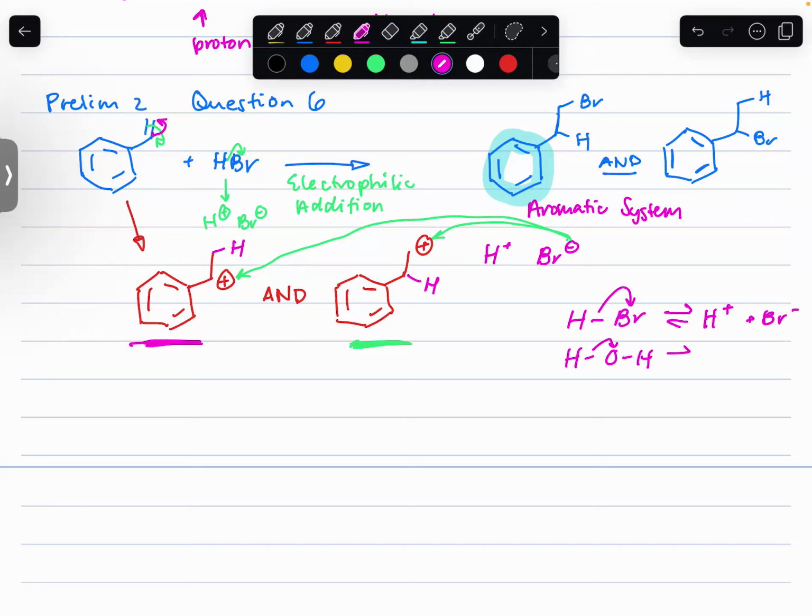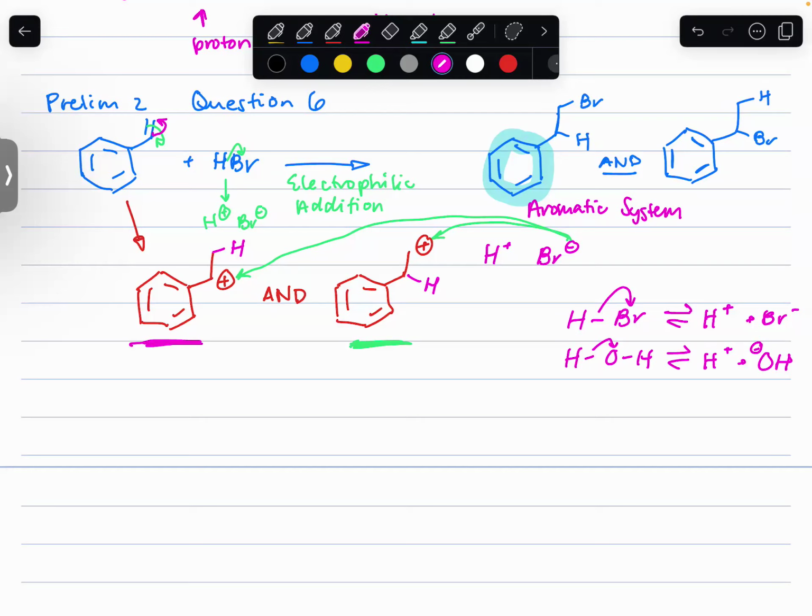So why didn't HBr stay bonded together where they were? HBr is one of those with a very low pKa. So all of your halogenated acids, the halogens being the last row before your noble gases, like bromine, chlorine, iodine, are going to ionize really easily.